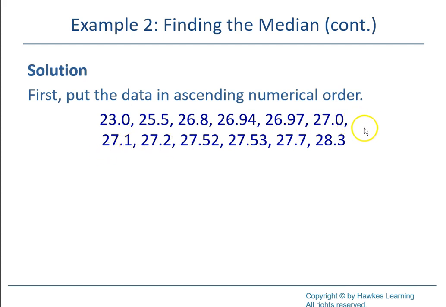So if it were odd, it would be that 7th place here. But since it's even, how do we find out what the median is? Well, when there's an even number like this, we add these two together and just divide by 2. So we take the average of just these 2 that are in the middle.